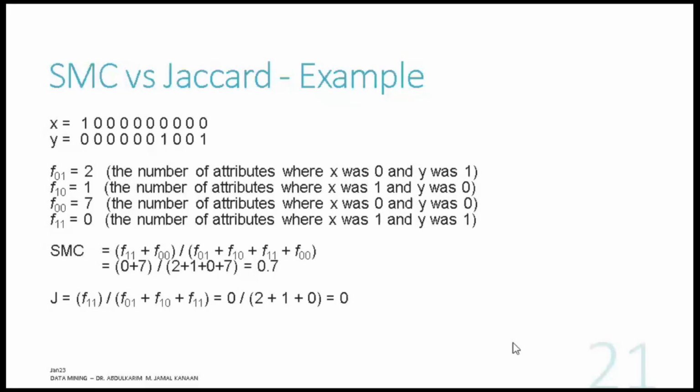Then you prepare your vectors for two people and see how similar they are, either by using simple matching coefficient or Jaccard. Then you apply for all other people inside your data set and see which pair of people are most similar. Then you can recommend what the other person has seen to the first person.